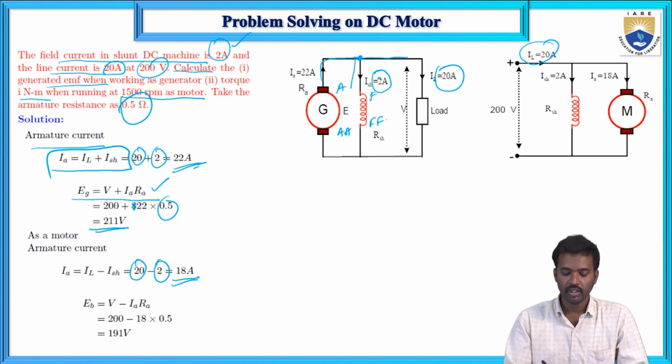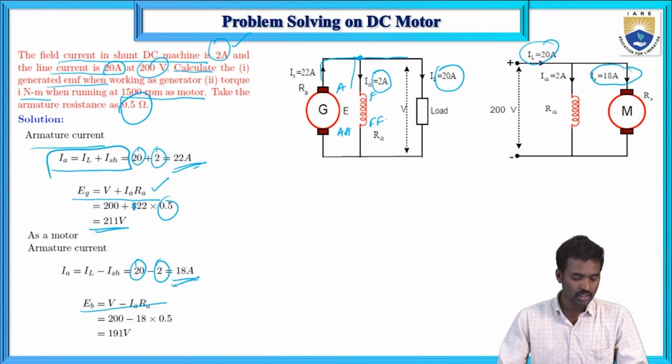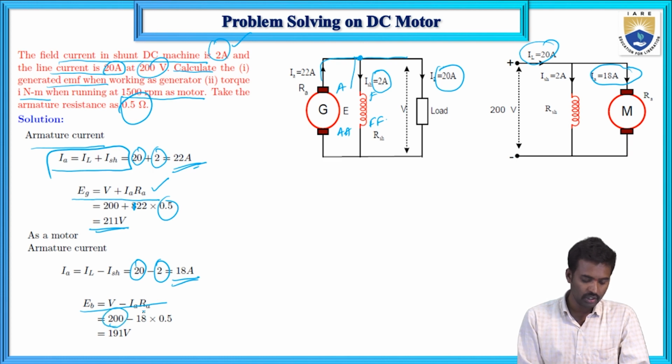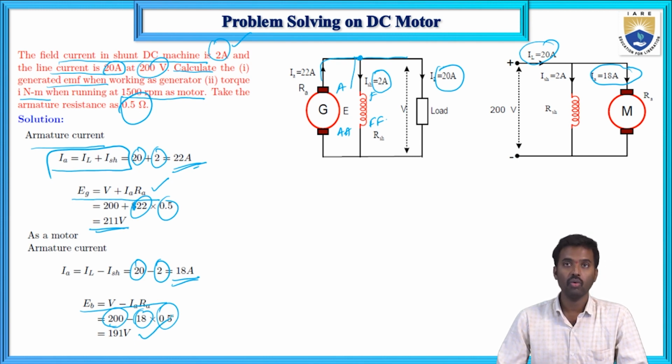Here 20 plus 2 is 22 for the DC generator, and 20 minus 2 is 18 amperes armature current. EB equals V minus IA RA, that equals 200 minus 18 into 0.5. So this value is 191 volts.